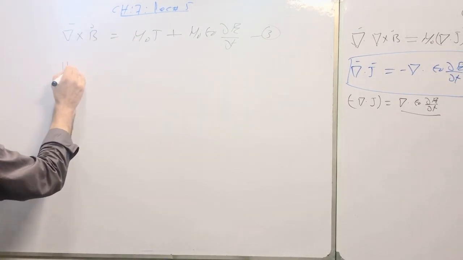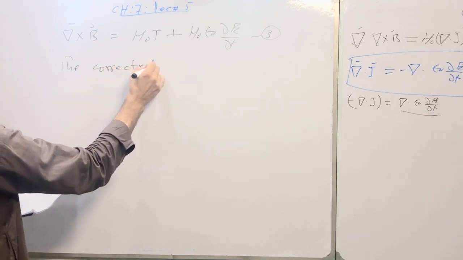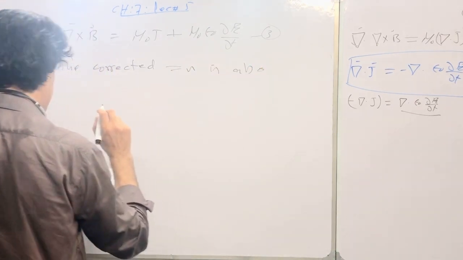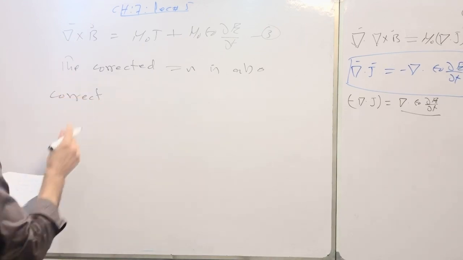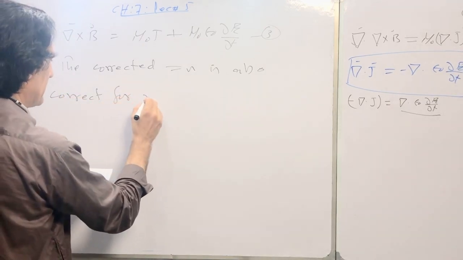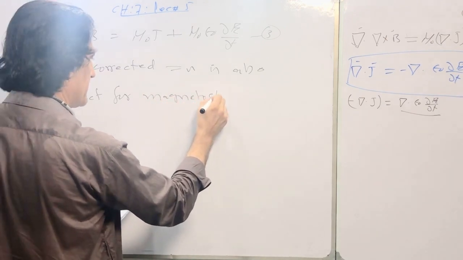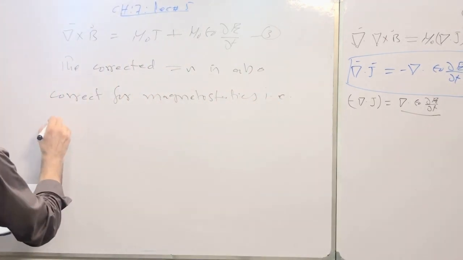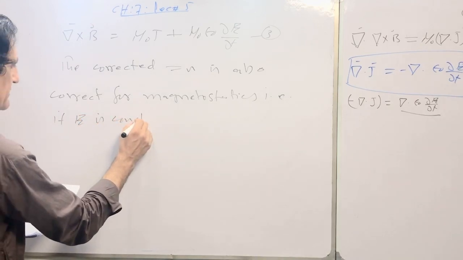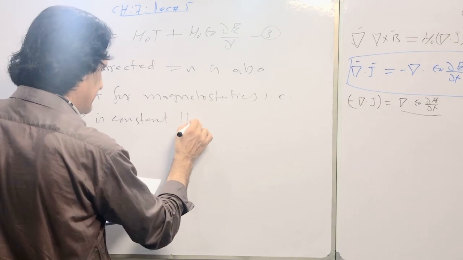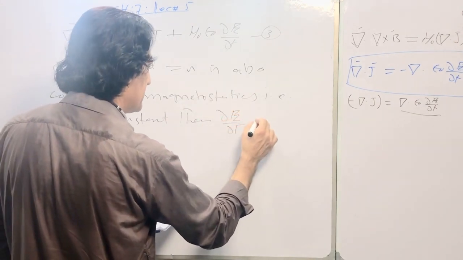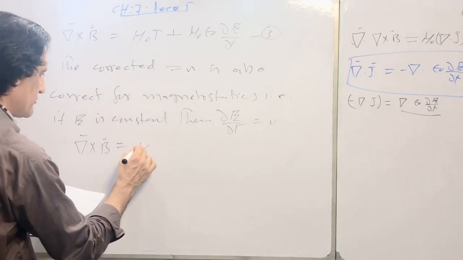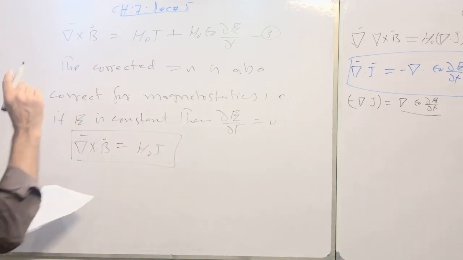This corrected equation is also correct for magnetostatics, i.e., if E is constant, then partial E divided by partial T is equal to 0, and we get del cross B equal to mu naught J. This is for the magnetostatics.